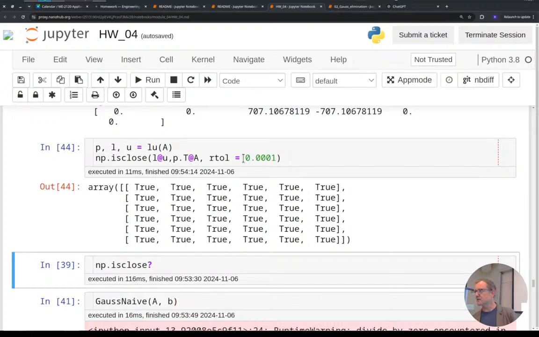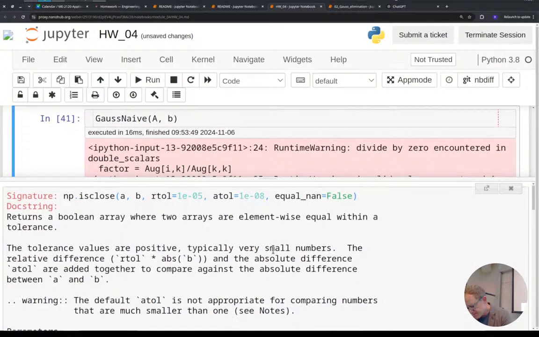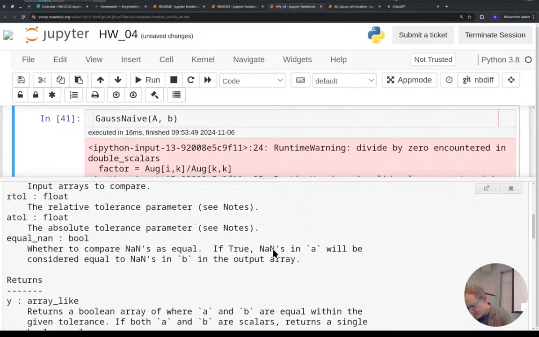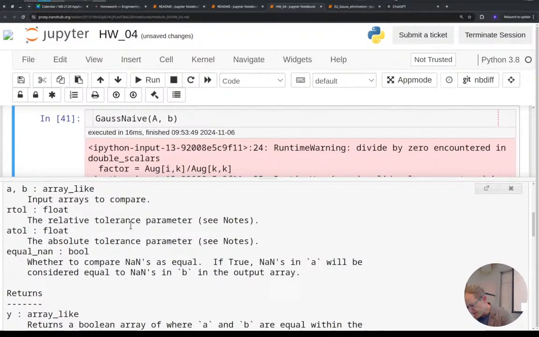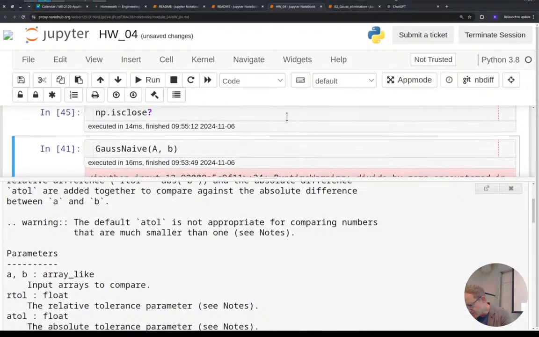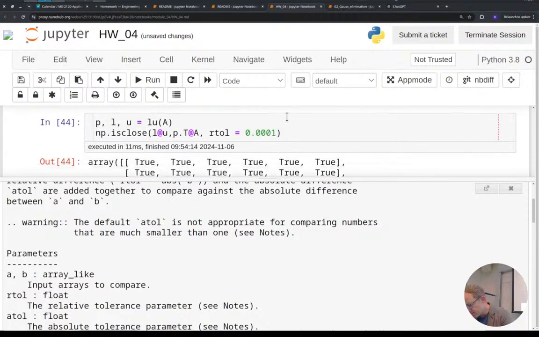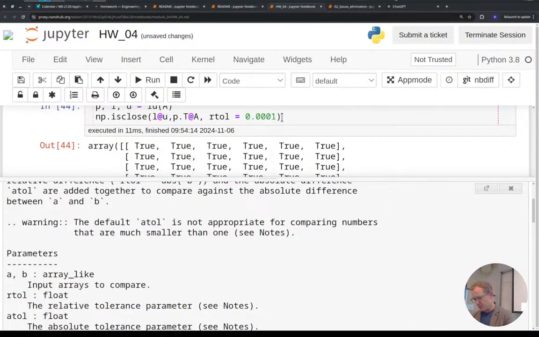I think the R tall is measured in percent. Relative tolerance. Okay, so this is within 0.01%. So times 100 to get a percent number.